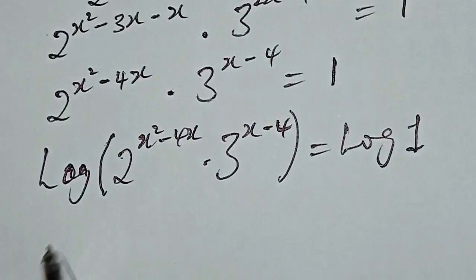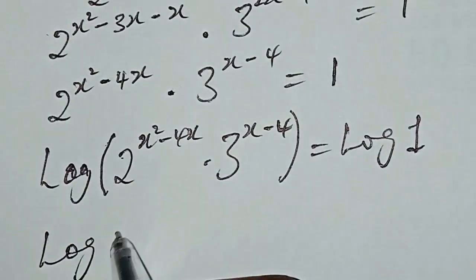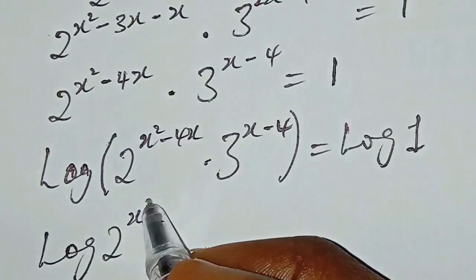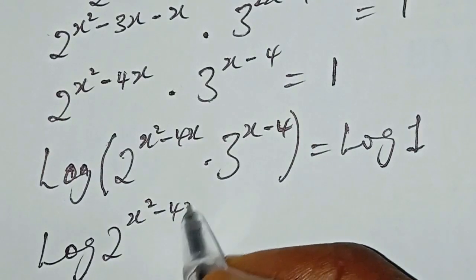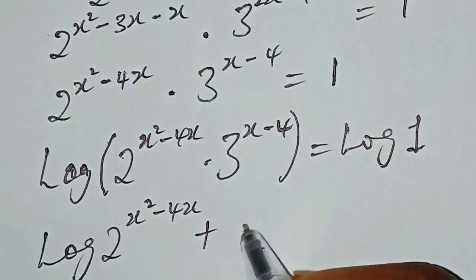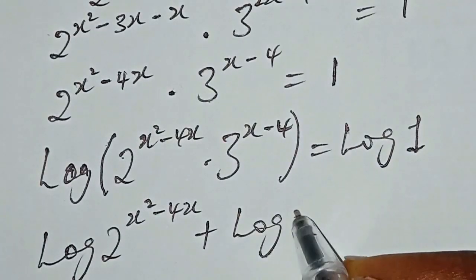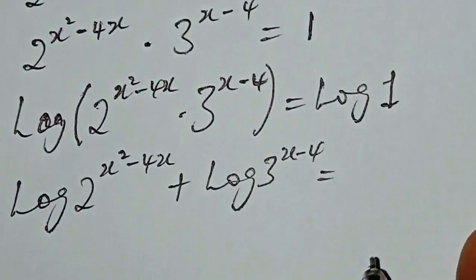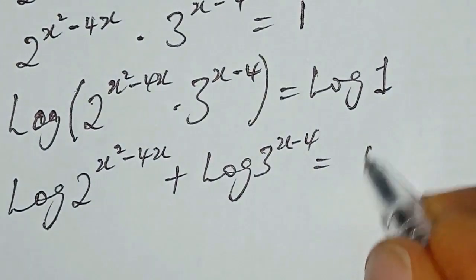Then we can write this as log of 2 to the power of x squared minus 4x, then plus log of 3 to the power of x minus 4 equal to log 1, which will give us 0.